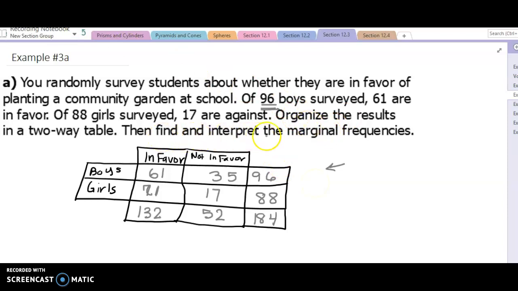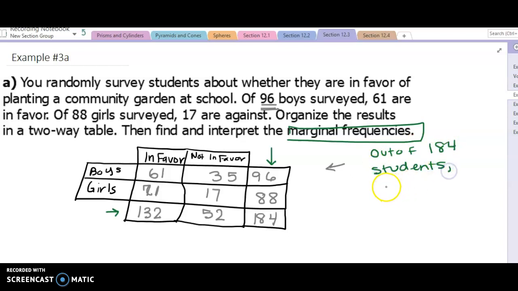All right, so it says find and interpret the marginal frequencies. Okay, so the marginal frequencies, think of these as like the total columns. So we can interpret these two ways. So we can say out of 184 students, I can say 96 were boys and 88 were girls.